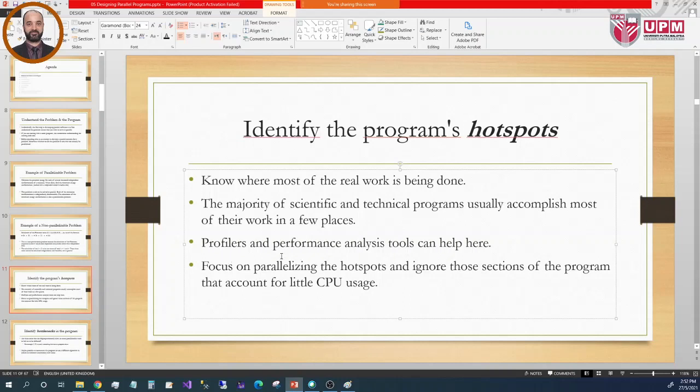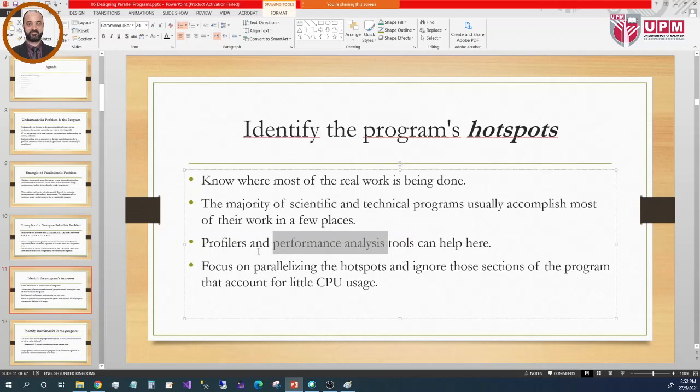So this is the meaning of this slide. Profilers and performance analysis tools can help here. In order to know where the hotspots are, sometimes it is not easy, especially if the application is very complicated. So in that case, you need to use some profilers or performance analysis tools to find where the hotspots are, or where the functions that take time are.